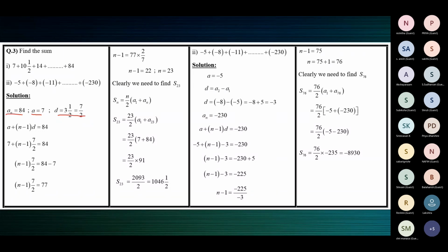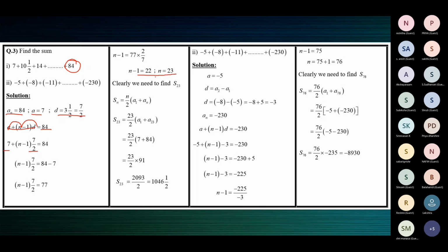How do you write an is 84? Because some nth term is 84, meaning a plus n minus 1 into d is 84. In this, the three unknowns are a, n, and d. But you know a and d, so substitute. A is 7 and d is 7 by 2. Work this out and you will get the value of n. And the value of n is 23.